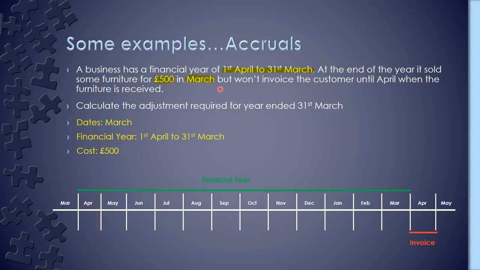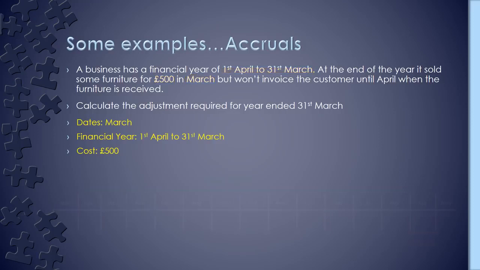However, because it was sold in March, we need to make sure that that income is sitting in the year ending 31st of March. So we need to make this accrual here. So you can see that there is no overlap here at all. So we'll raise the invoice in April, but we need to accrue for it in March.